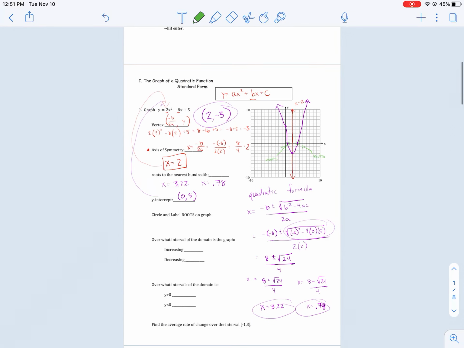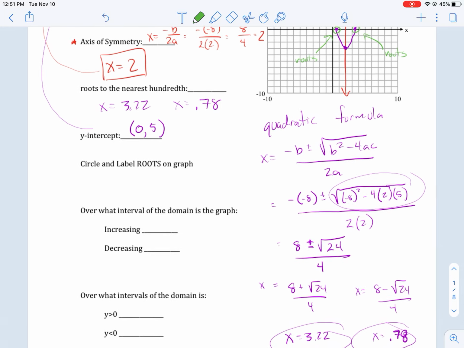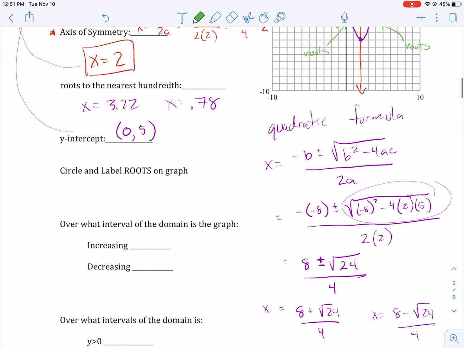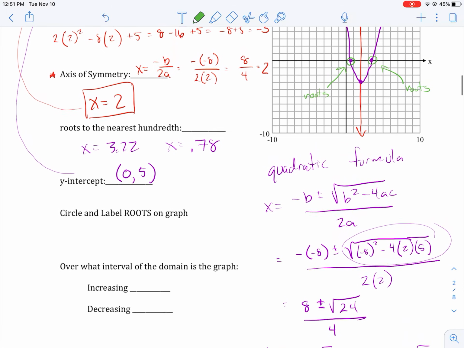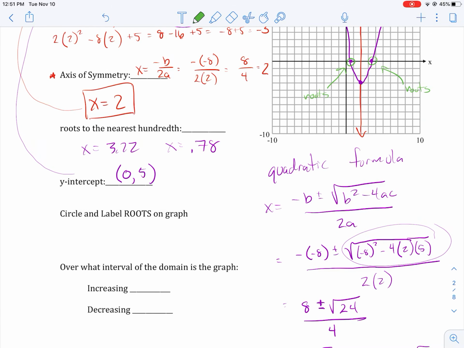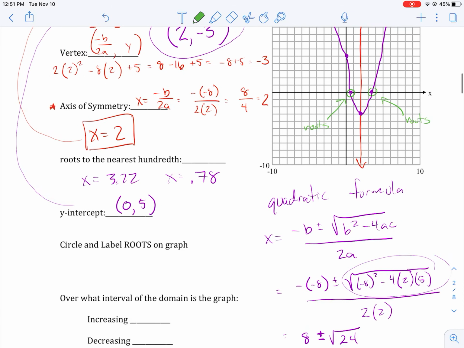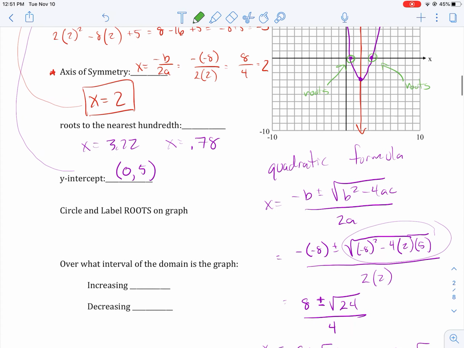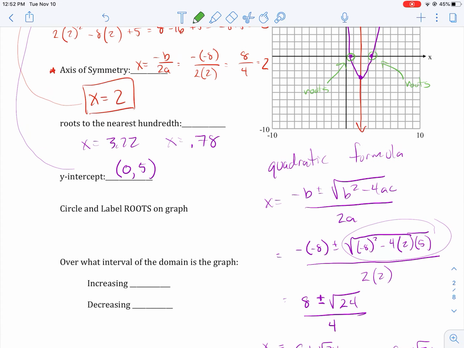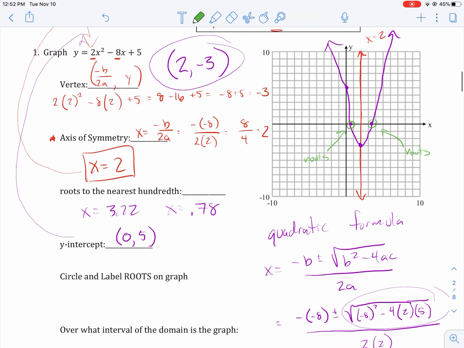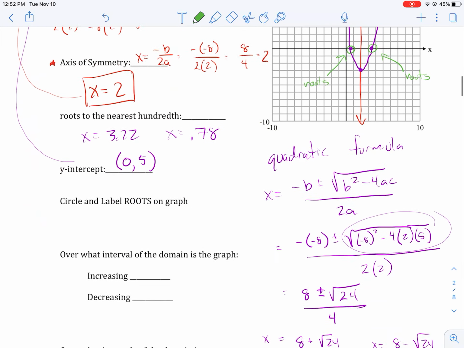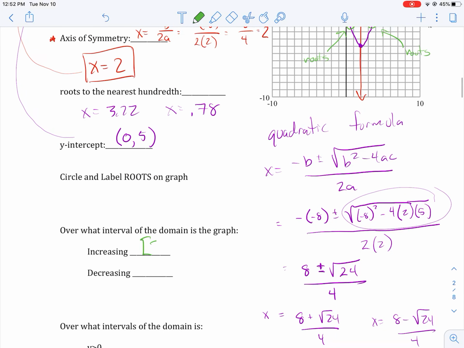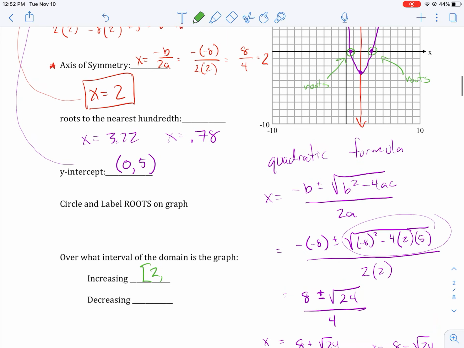Over what interval of the domain is the graph increasing and decreasing? In both cases, it's going to involve our vertex. Again, remember the vertex is the turning point. So where are we increasing from? Well, it looks like we start at 2, and we're increasing as we approach infinity.